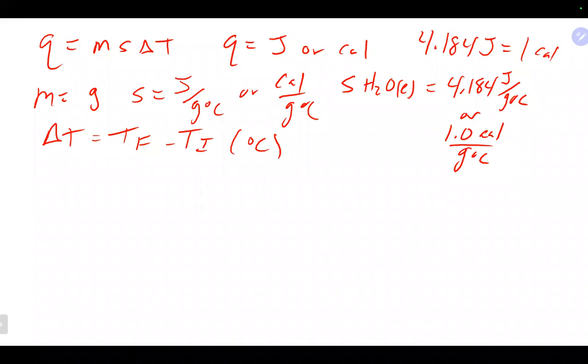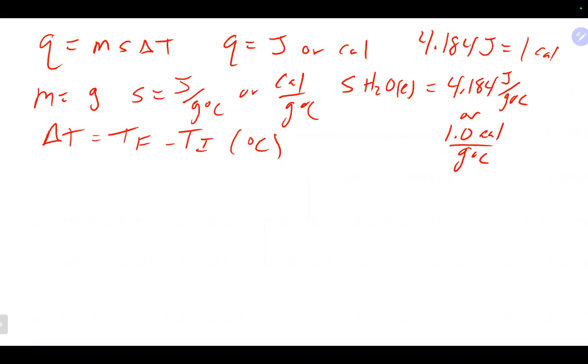As we talked about, it is really that change in temperature value that's going to determine whether this process is exothermic or endothermic overall, because that's the one that can give you a negative number. You should never get a negative number for mass or for specific heat capacity.